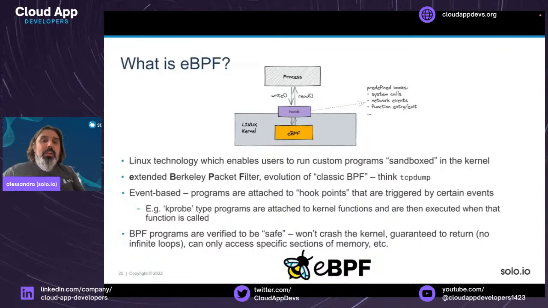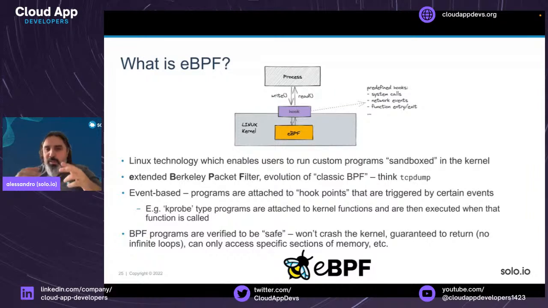So it's a way to ask the kernel to execute little programs, verified by the kernel, that can execute in the kernel, getting access to low-level things running in the kernel, for example network counters and stuff. Then the result can be sent back to the process calling for it.